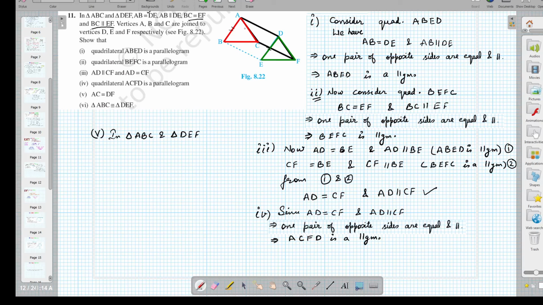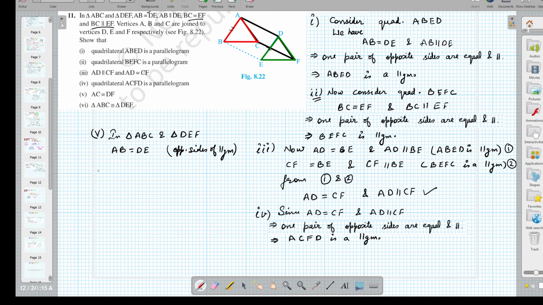AB is equal to DE because these are opposite sides of the parallelogram, as we already proved that ABED is a parallelogram.